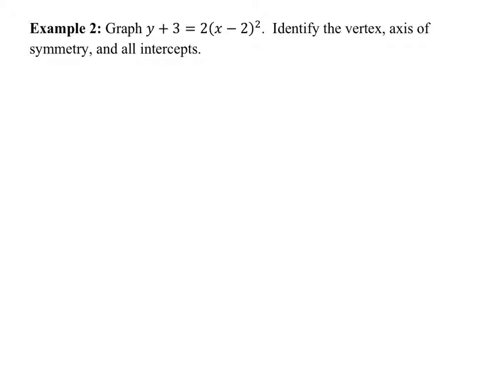Okay, we could do the vertex and axis of symmetry easily. So you start doing that, I'll start writing it up. Then when we get to intercepts, I'll take your advice and see what you think we should do.